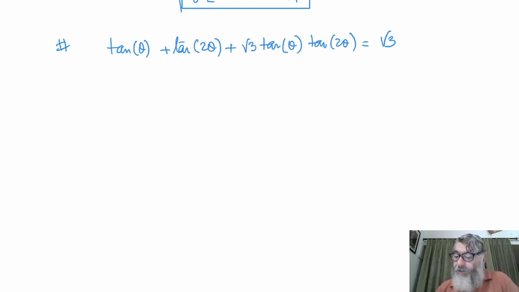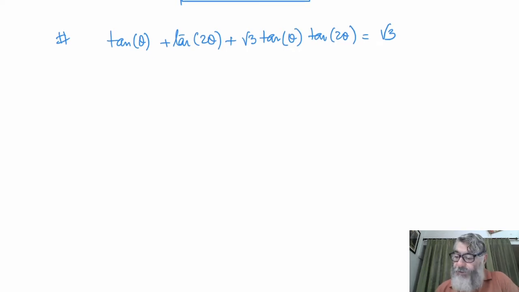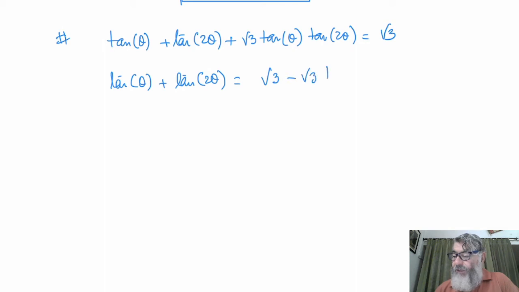I am seeing tan theta, tan 2 theta in both the terms. So what I am going to do is, you will have to observe, and once you observe this kind of question, you will be able to apply this kind of manipulation to other questions as well.